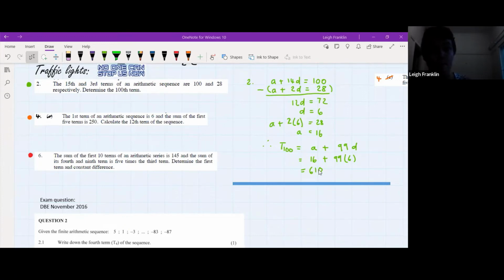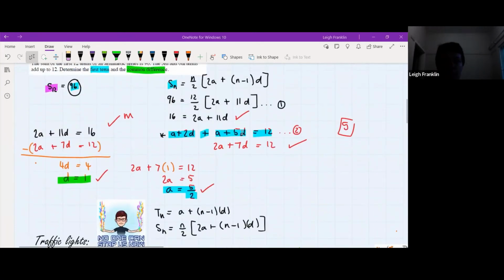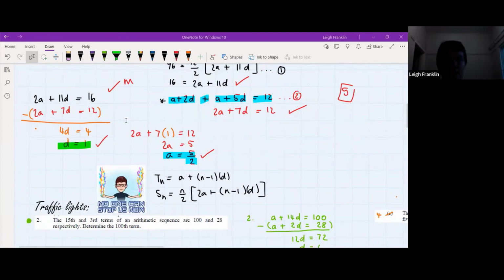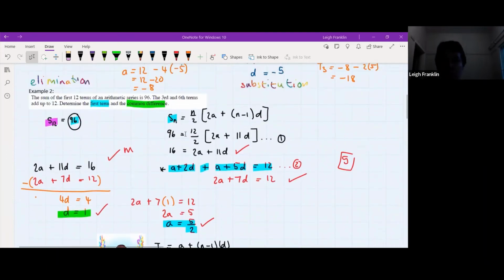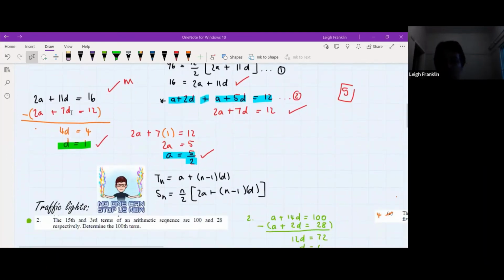Lee, Onkarabile is asking for you to explain the last steps. The network was not good. Oh, okay. So Onkarabile, when you say the last steps, do you mean when I solved simultaneously?